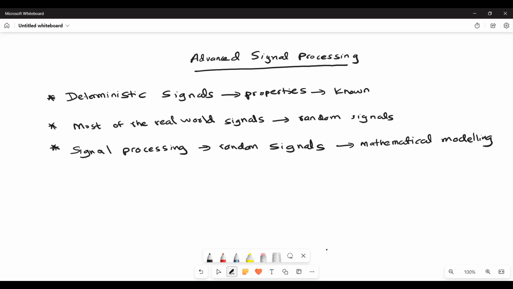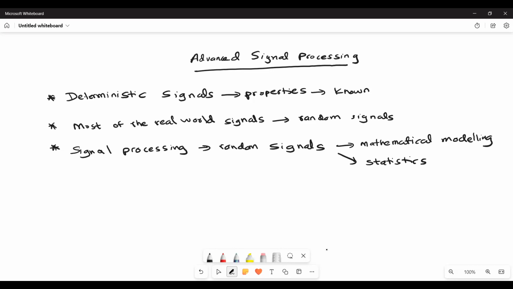We will be mathematically modeling the signal, and we'll be using concepts related to statistics. Concepts related to statistics will be highly used in order to analyze these random signals, right?